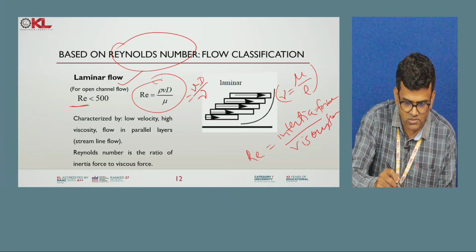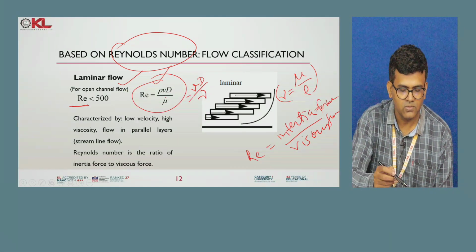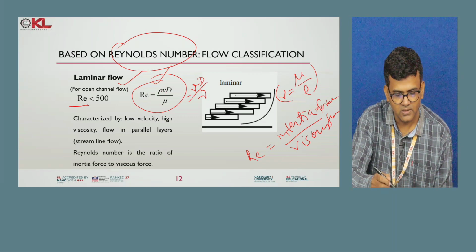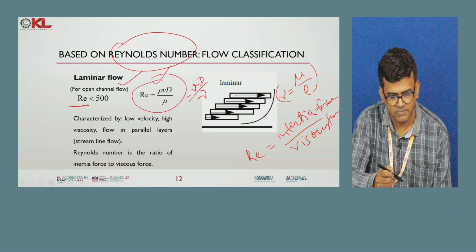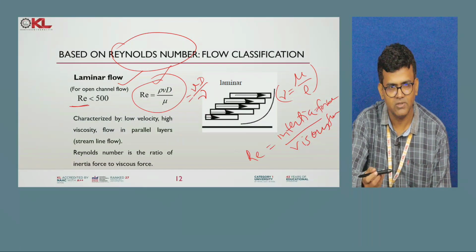So once you know the parameters, the density of the fluid, viscosity, flow velocity, and the diameter of the pipe in case of pipe flow, you can compute the Reynolds number. In case of open channel flow, the length can be taken as the hydraulic depth.